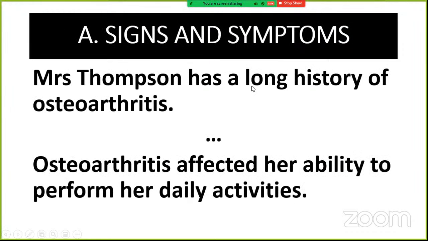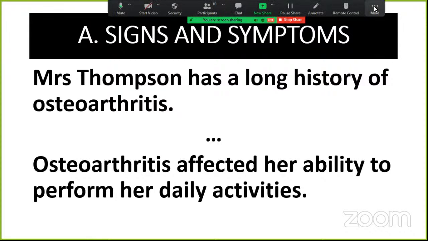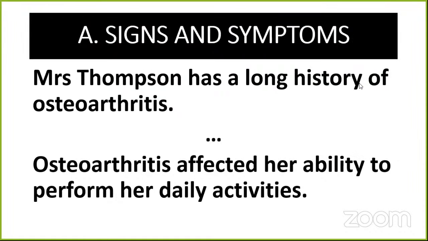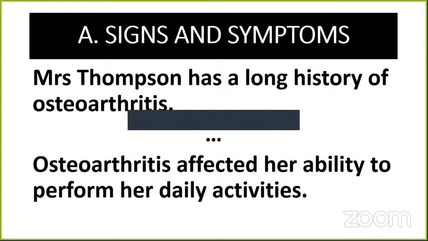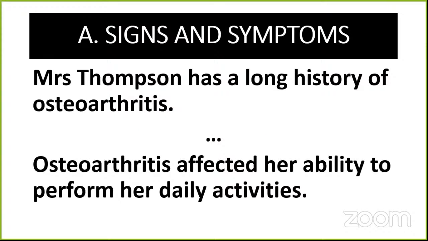So Mrs. Thompson has a long history of osteoarthritis. Osteoarthritis affected her ability to perform her daily activities. So these are the two sentences. So write down these two sentences. Write like this. And we are going to join. Now we have seen the sentence using who.